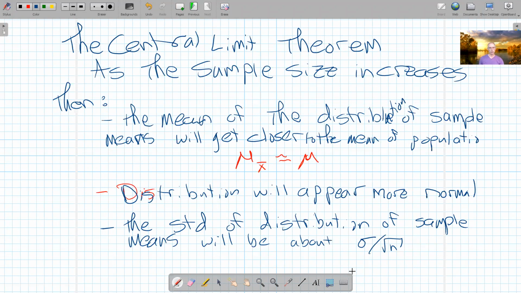I don't feel like writing out all those words right now, but that's population, that's sample size, square root. So this is basically what the central limit theorem says for means. And there's a similar version for sums and a similar version for proportions.